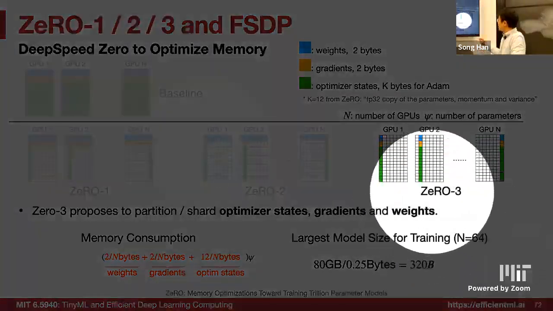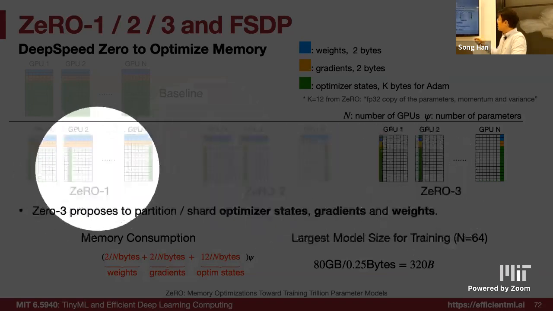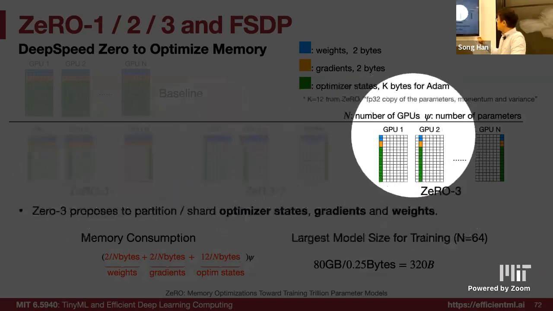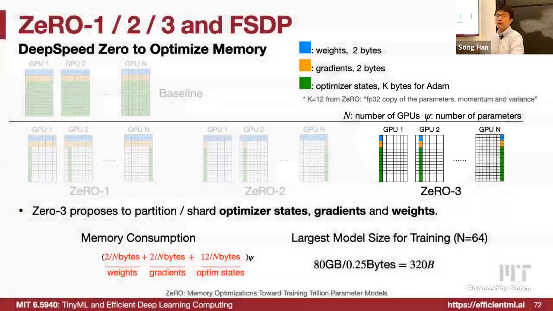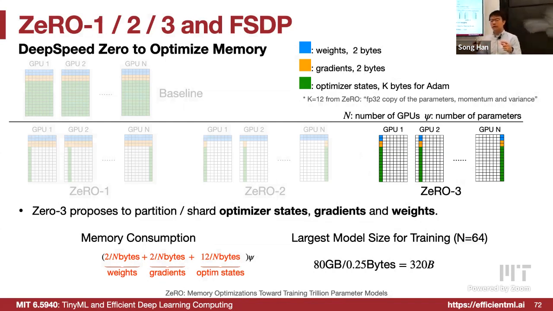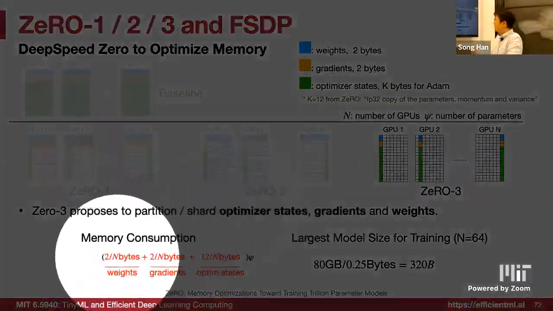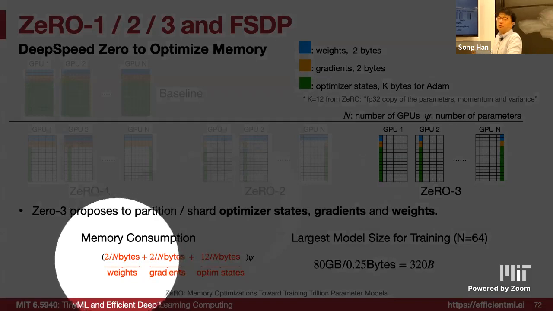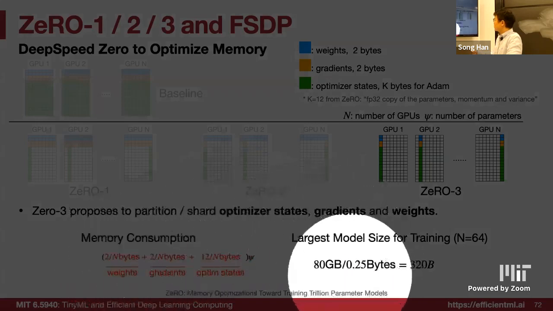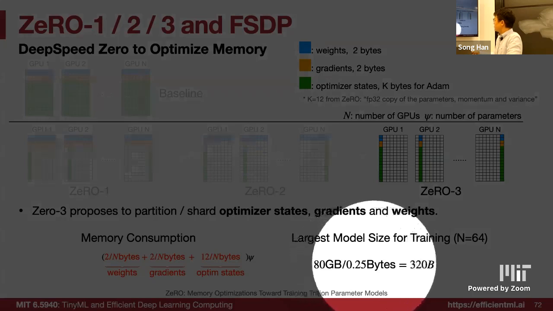ZeRO-3 is an even more aggressive approach, sharding not only the optimizer state and the gradient, but also the weight. So each server no longer has the entire copy of the weight; it only has 1 over n of the weight. The weight is also sharded, split, and partitioned across n GPUs. So the total number of bytes per node becomes 0.25 bytes.